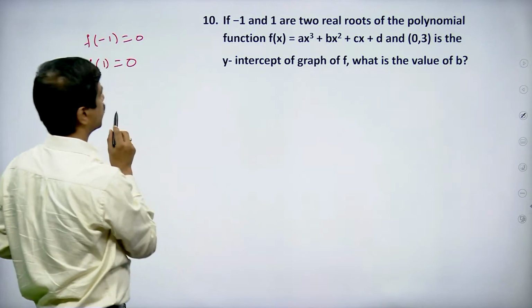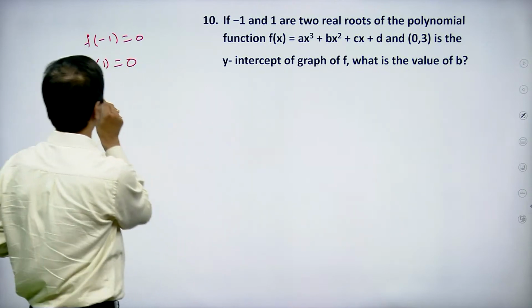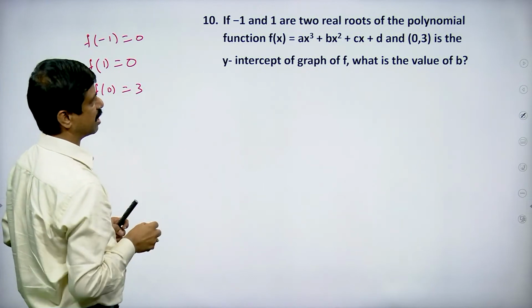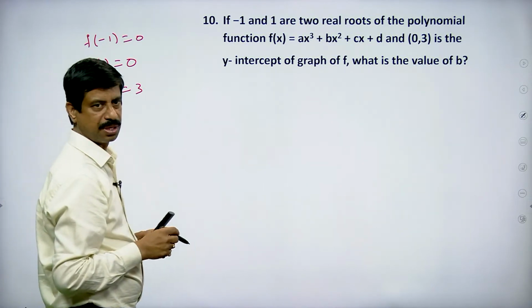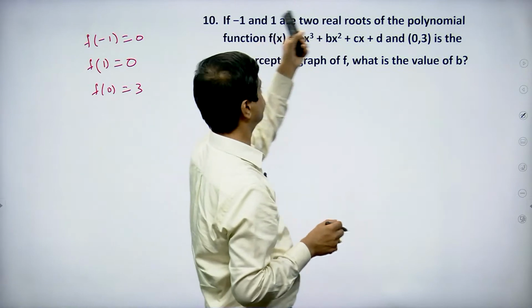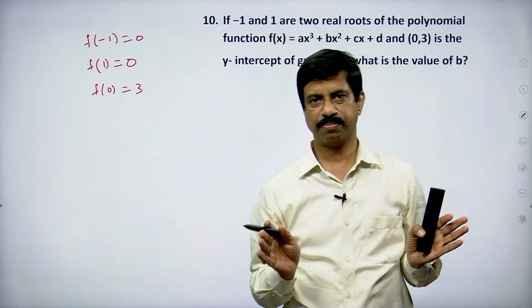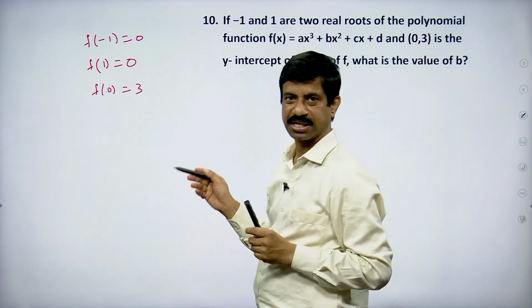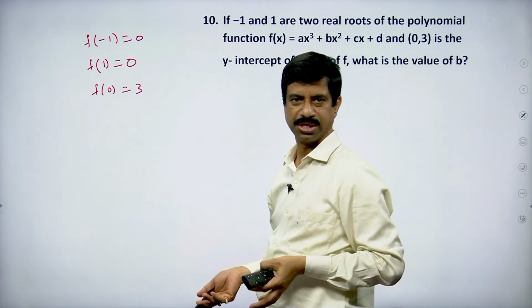Real roots, he said. Then next, 0, 3 means f of 0 equal to 3. So now we should find the value of b. If these are roots, f of those values will be 0, because the remainder is 0. They should be factors, they should be able to divide, so the remainder is 0.